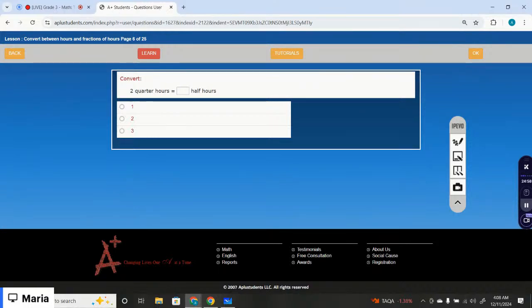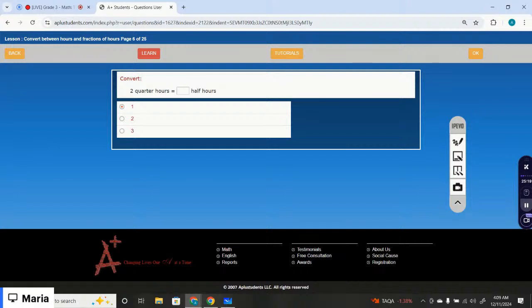2 quarter hour equals how many half hours? 2 quarter hour means 15 plus 15, right? And 15 plus 15 is 30 minutes. So 30 minutes equal how many half hours? 30 minutes equal 1 half hour.